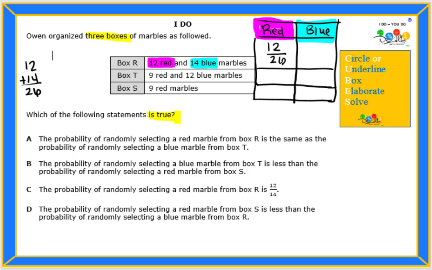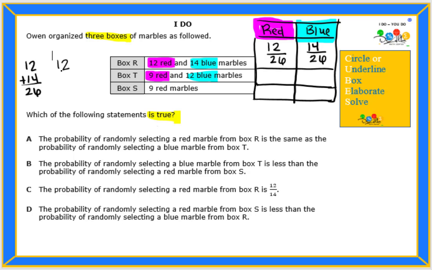Okay, so let's look at the blue marbles then. For the blue marbles, there was 14. We're going to put blue on top, 14 out of the total 26. We're going to do the same thing for the very next box, which is box T. In box T, there are 9 red marbles and there are 12 blue marbles. So how many total marbles are in that box?